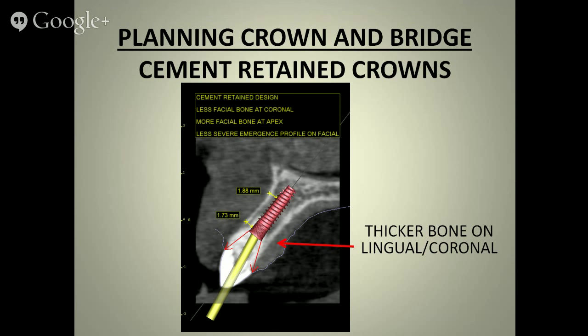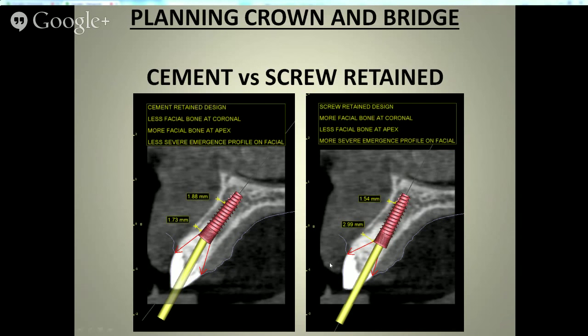So here is the comparison. You can see very clearly the difference in the implant positions. So, there is a controversy right now about cement retained crowns versus screw retained crowns, and the fact that implants are being lost because of the cement junction being too far subgingival.